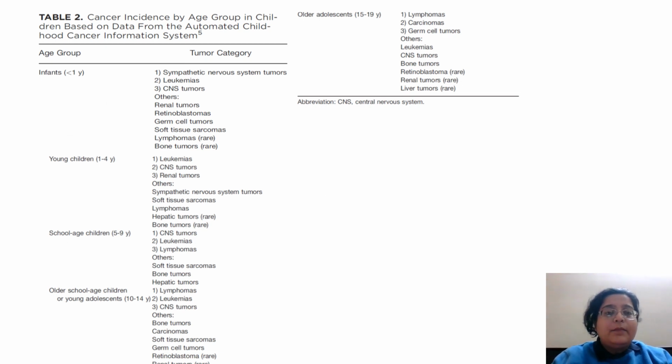Okay, coming to the age-wise distribution of different types of tumors. In infants, that is less than 1 year, you get nervous system tumors, leukemias, and CNS tumors; sympathetic ganglia, paragangliomas, etc. So tumors arising from the ganglia are common. Then you will get leukemias, which are common in any age group, and of course CNS tumors are common in infants less than 1 year of age.